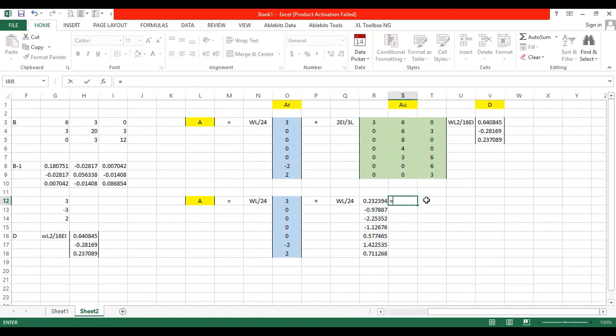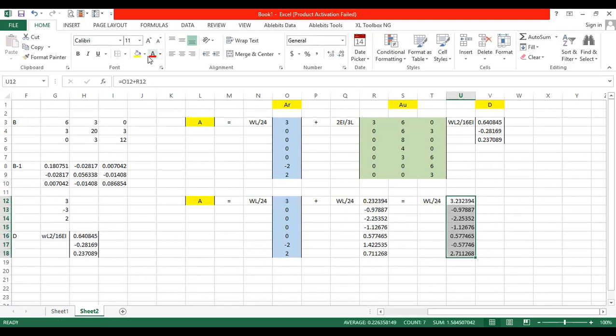This is equal to WL over 24 into, because the common term is the same, you can just add.